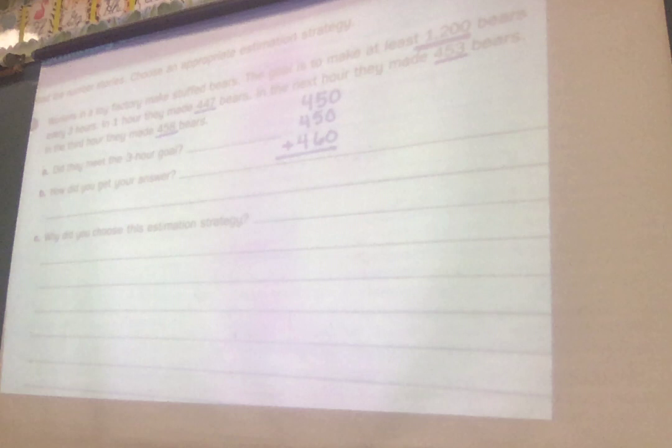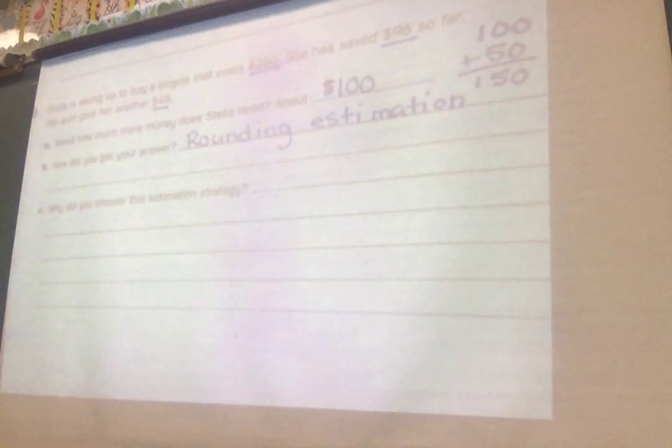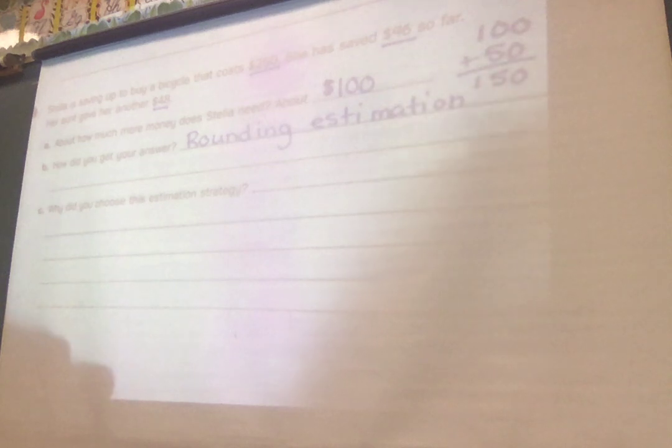Pick another one. So we just did the rounding estimation. Go ahead. Close to. All right, let's do close to estimating. If we're going to close to estimate 96, what would we close to estimate that to? Amara, go ahead. 100, okay.